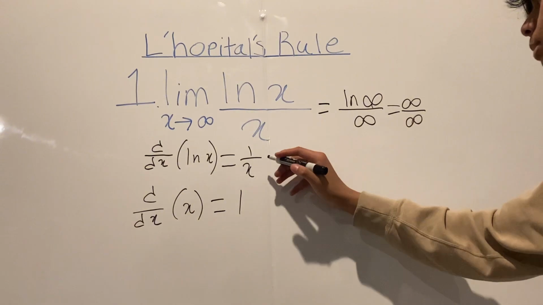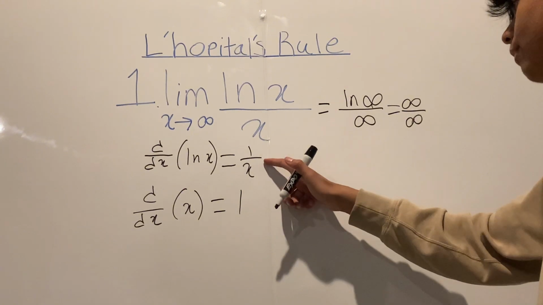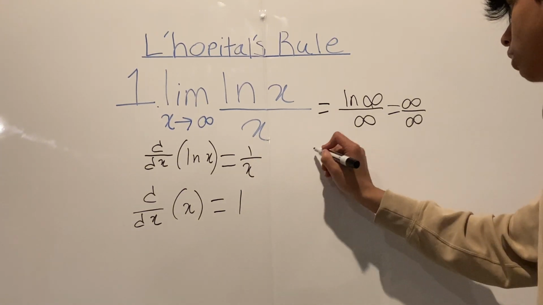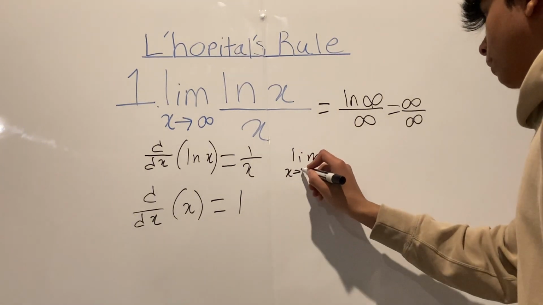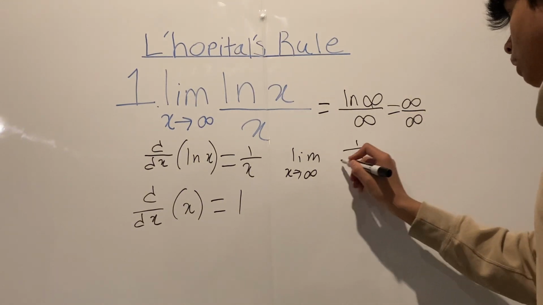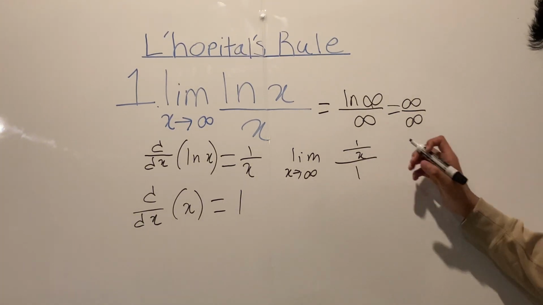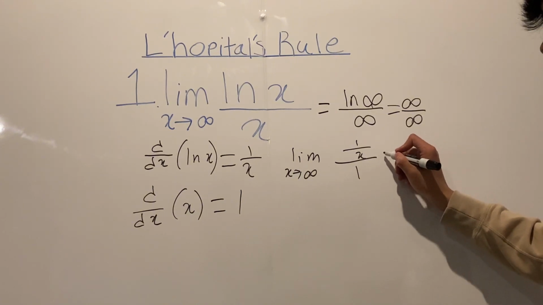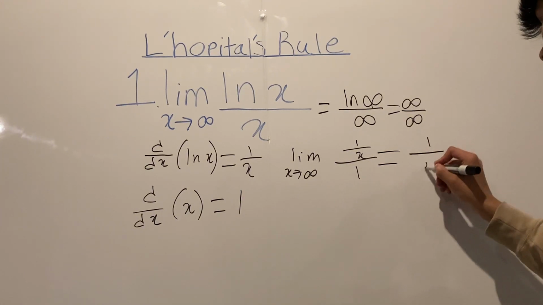So this is just going to be 1 over x divided by 1, because we can say this is f of x and this is g of x. So the limit as x approaches infinity of 1 over x divided by 1. We can just ignore this 1 because dividing by 1 is the same thing as the function. So now if we use direct substitution, we'll have 1 over infinity.